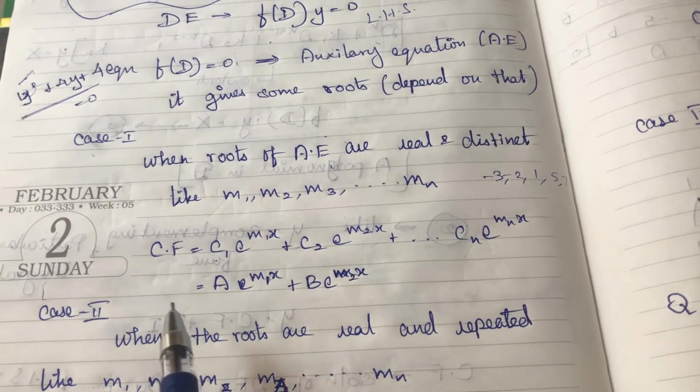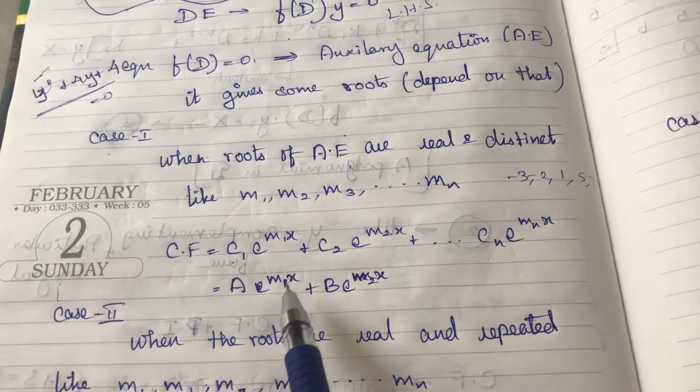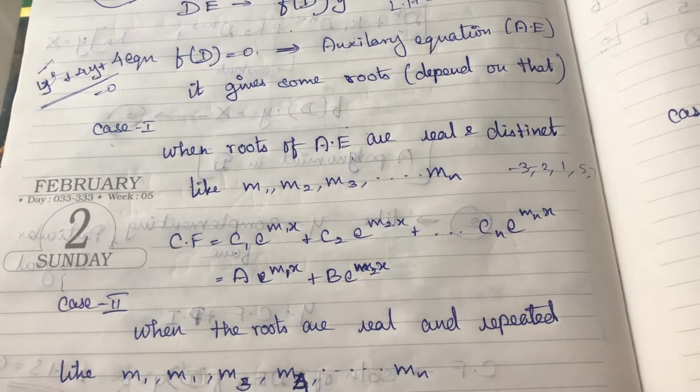We studied this in school as a e^(m1 x) plus b e^(m2 x).